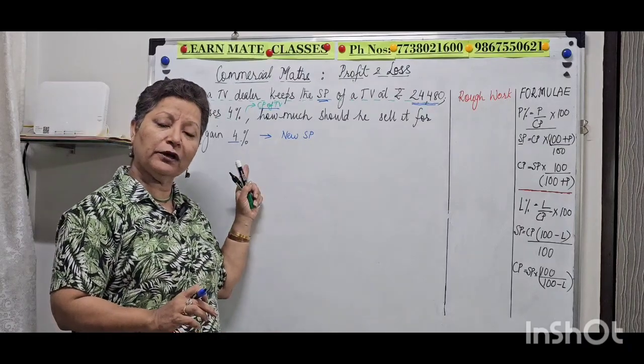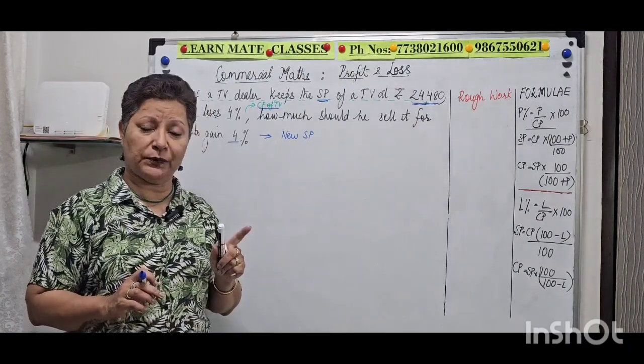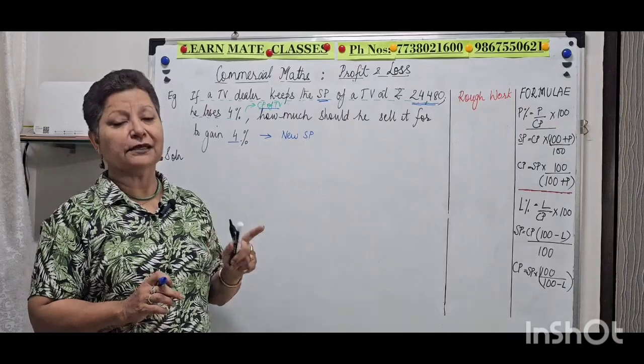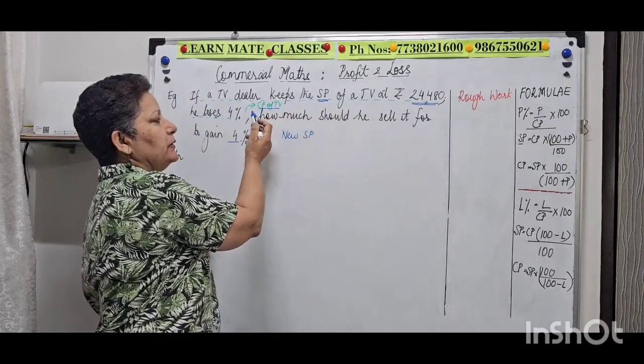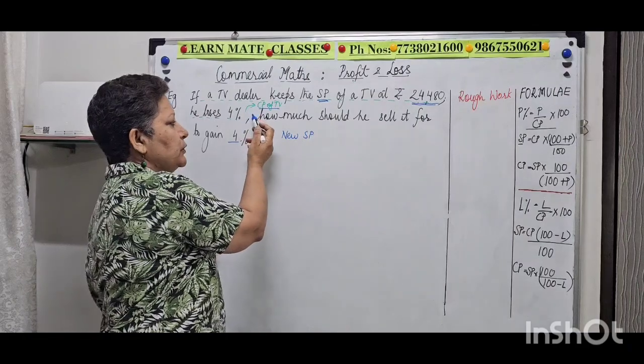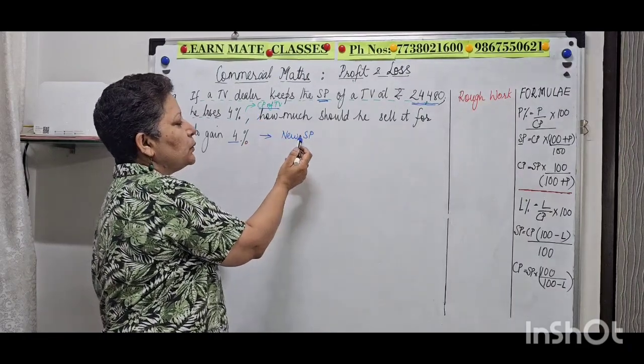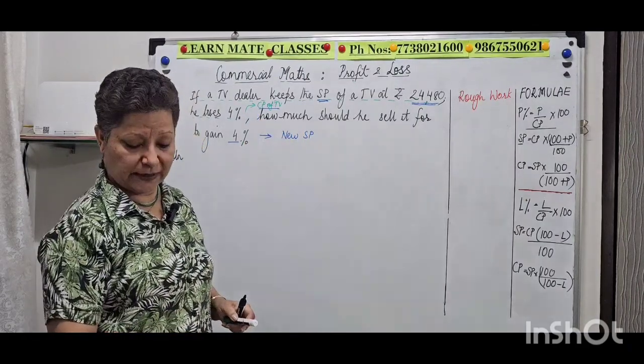What does he make a gain on? He makes the gain on the cost price, not on the selling price. So, given the earlier selling price, we will have to move back to the cost price, and from the cost price, knowing the gain that is wanted, we will have to move to the new selling price.